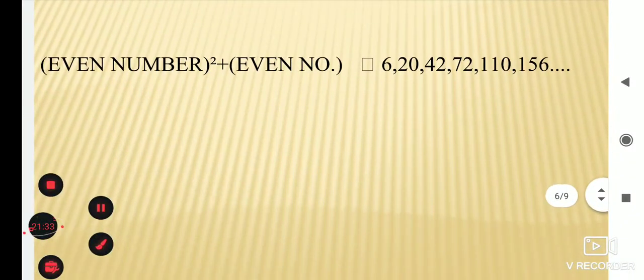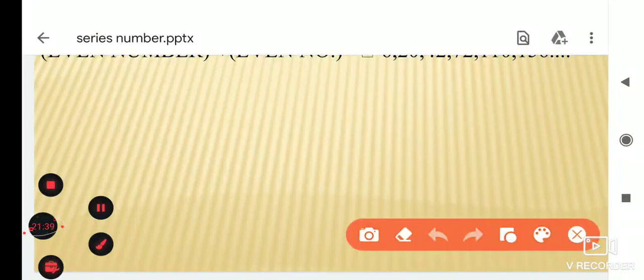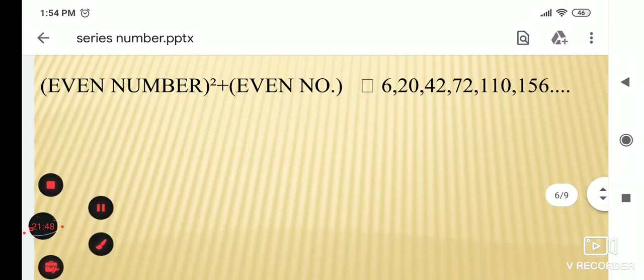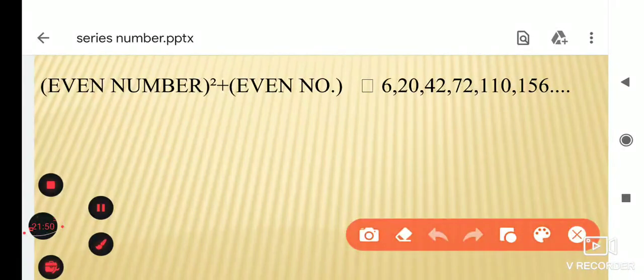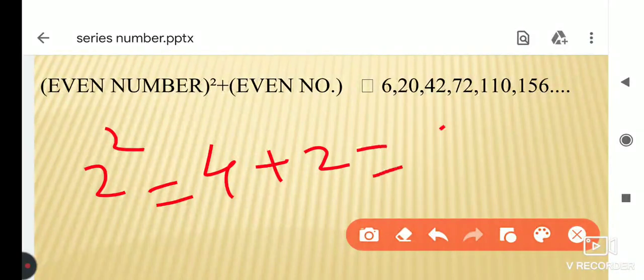The next example is even number square plus even number. So the first even number is 2. 2 square, that is 4, plus 2, we get the answer, that is 6.